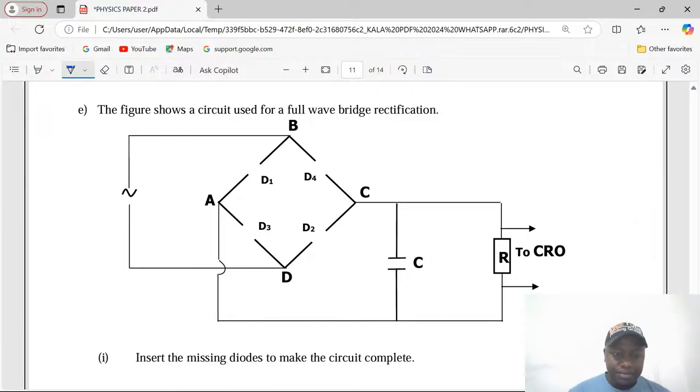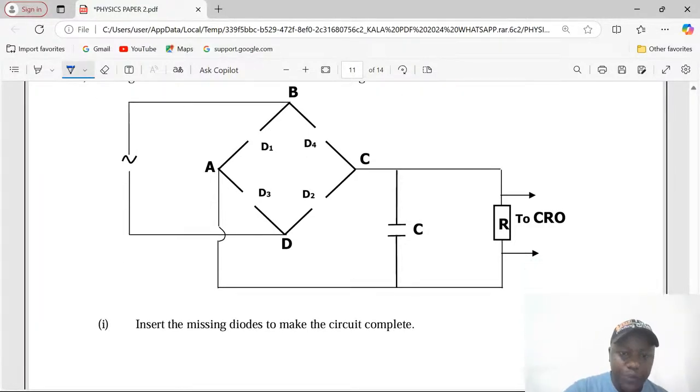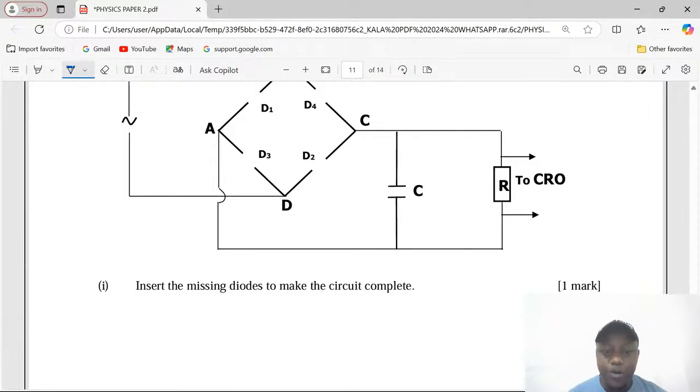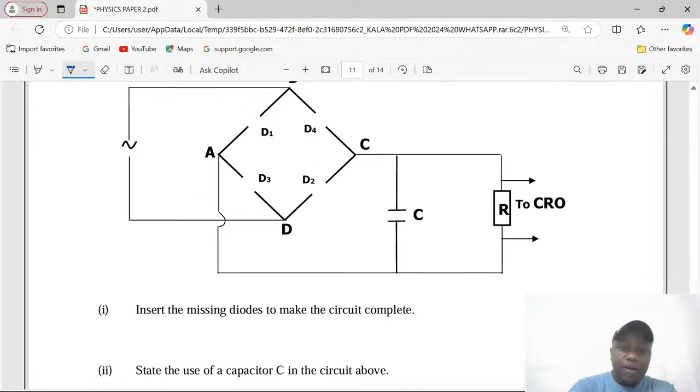The figure below shows circuit used for full wave rectification. Insert the missing diodes to make the circuit complete. So the diodes now are going to be D1 and D4, usually forward biased. This one will be this way.